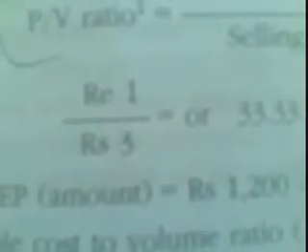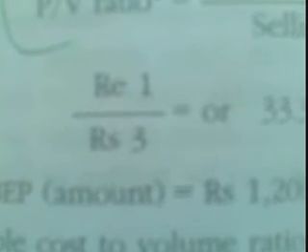So what is the PV ratio? The PV ratio is the contribution margin per unit upon selling price per unit. Here the contribution margin, that is the profit per unit, is 1 and the selling price per unit is 3. 1 upon 3 equals 33.33%.